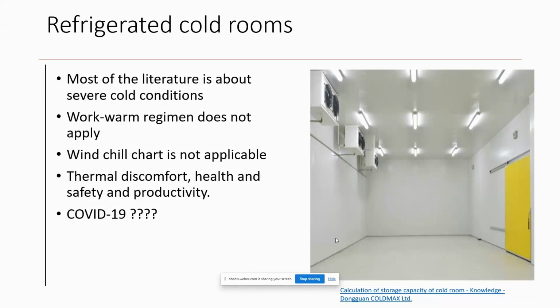It can also cause thermal discomfort, pose risks for health and safety, and decrease the productivity of workers. The wind chill chart does not apply here because the temperature is not severe enough, so the work-warm-up regimen is also not applicable. That makes this issue more difficult to deal with, because the guidelines are not there and not very clear.